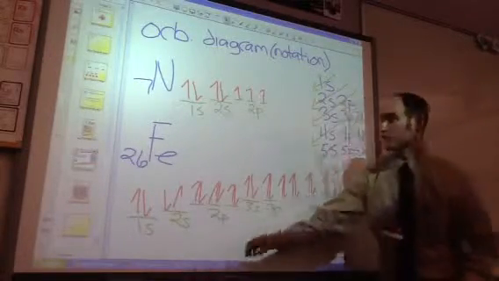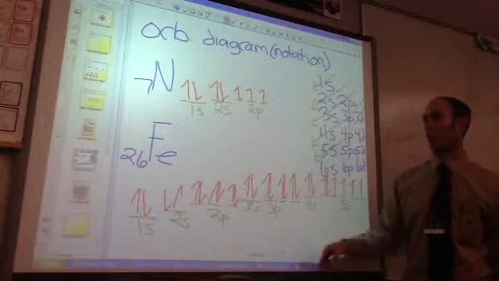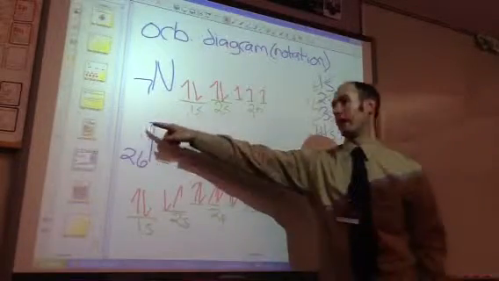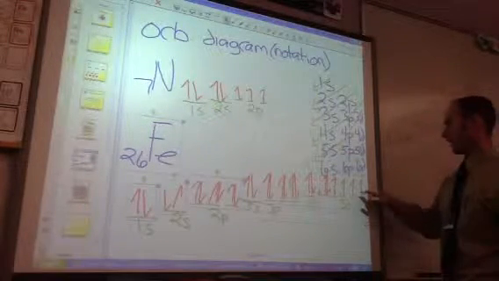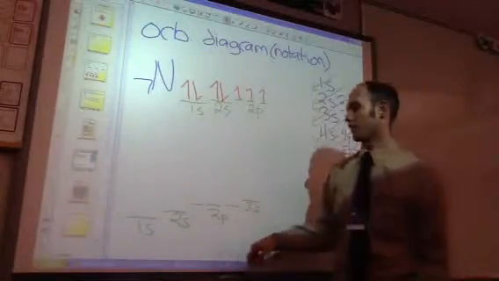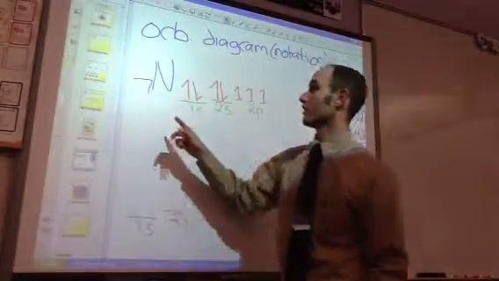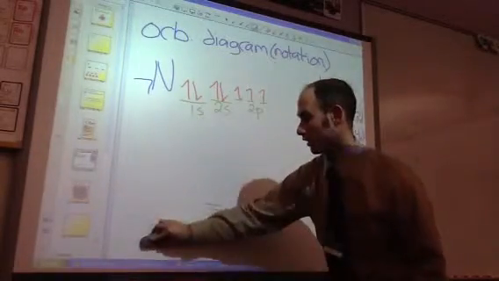That is orbital diagrams. What we can do with orbital diagrams is make our lives a little easier and draw the electron configuration off of those. It's like a shorthand.